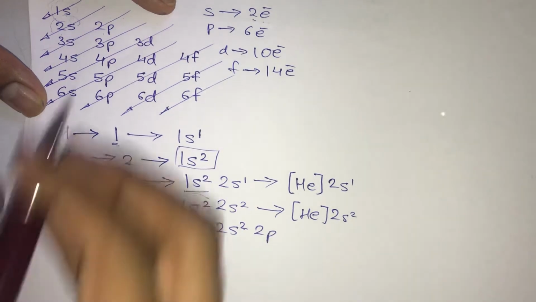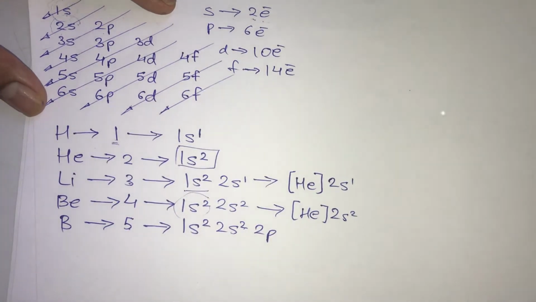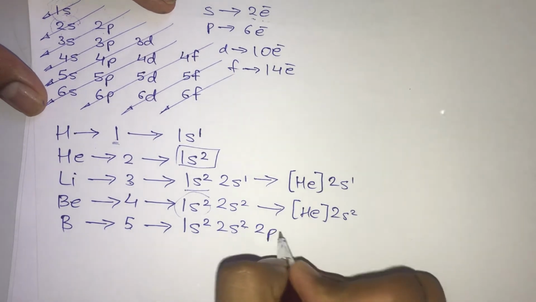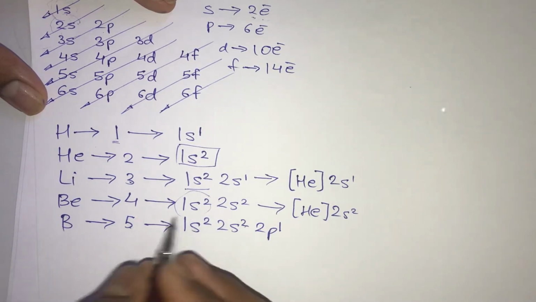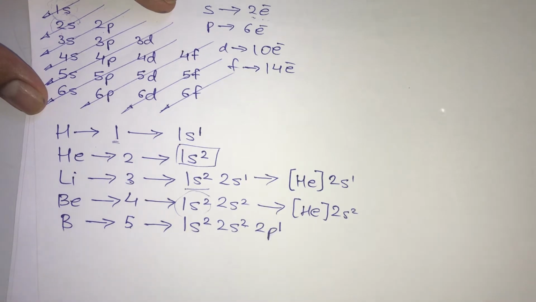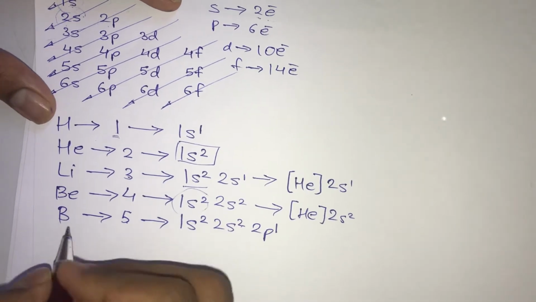Now as we all know 2p can take a maximum of 6 electrons, but since there is only 1 electron left, it is obviously going to take 1 electron. Now I hope that you all can write the condensed form of this boron by just substituting this 1s2 as helium.